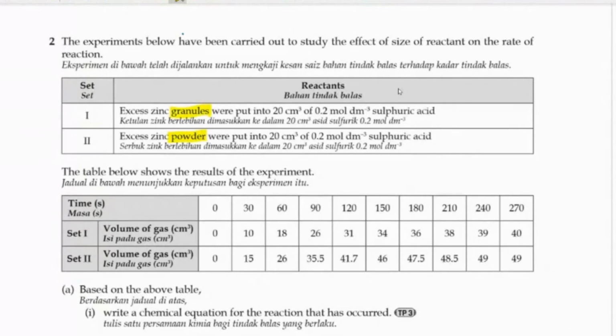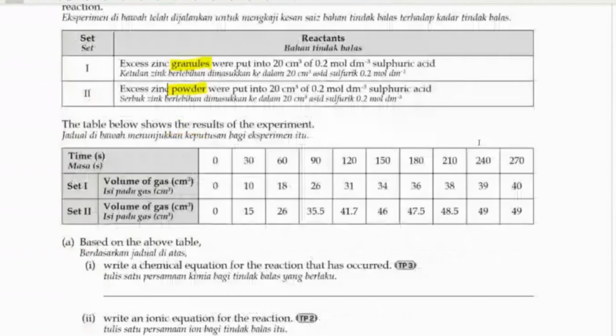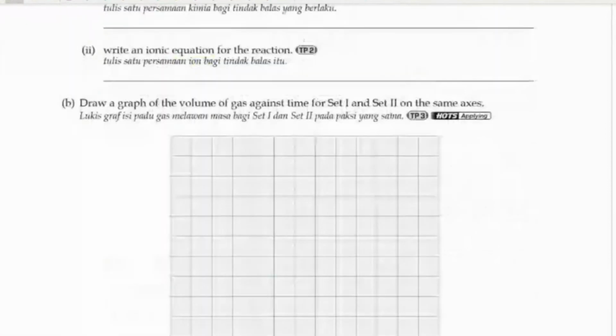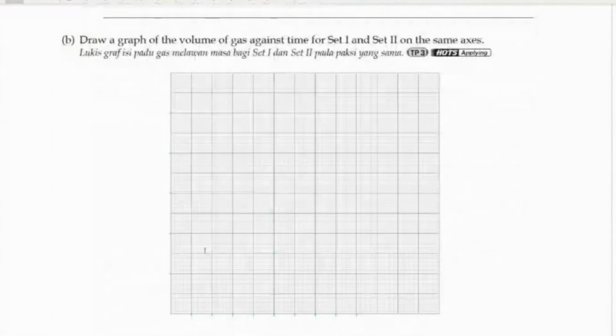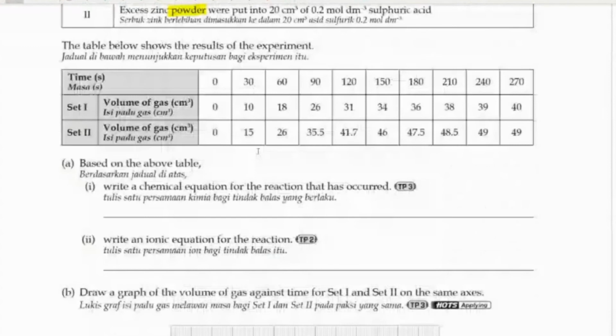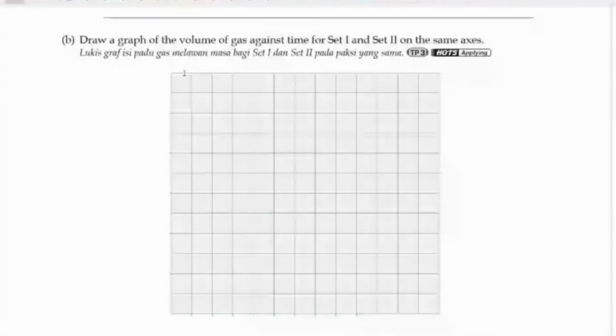For set 1 and set 2, I would like you to plot the graph on the same axis, so in this graph paper you have two curves, set 1 and set 2. Everybody try to plot volume of gas against time.